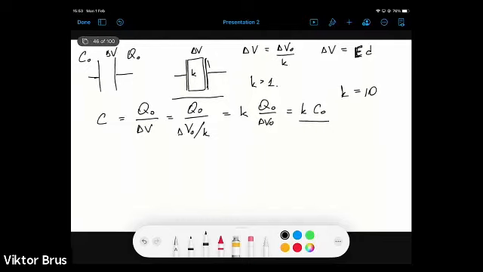So there are two ways to increase capacitance, and that's used quite often in practice for getting capacitors with different values of capacitance. It's either to increase the dielectric constant of the filling, the dielectric material between two plates, or reduce the distance between plates, because reducing the distance also will increase capacitance.